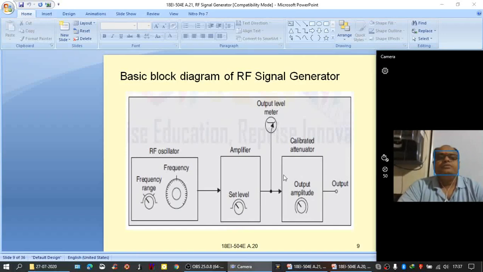So starting from 0.1 millivolt to 1 millivolt, you can get the output here, and that would be observed on a calibrated scale in the attenuator, just like this.